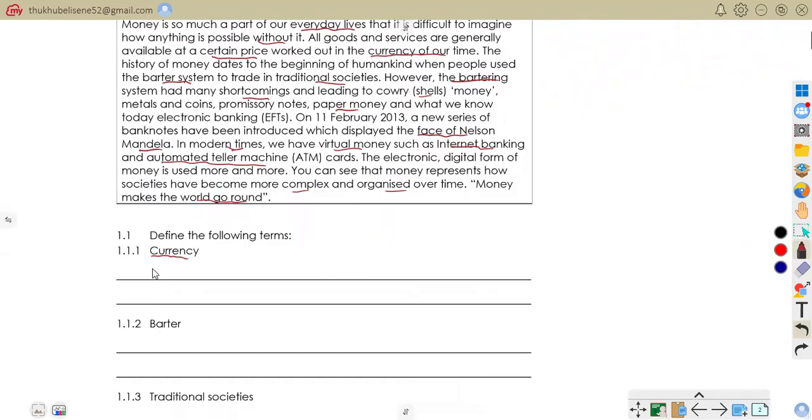The currency of a country is the type of money used in that country.